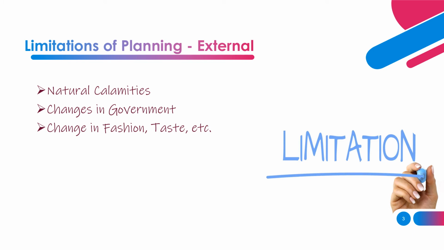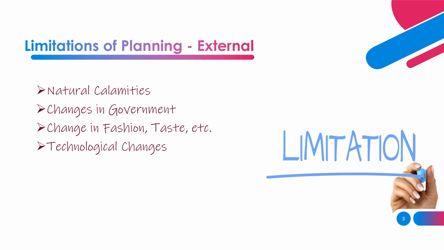Changes in fashion, taste, etc. These are unexpected changes related to fashion, taste and preferences of customers. They highly affect the sales forecast of a company. For example, increase in demand for ready-made garments has affected the business of tailors. So this is a very important limitation.